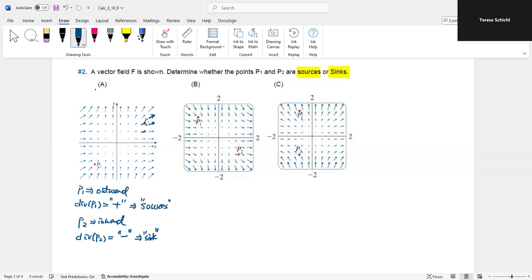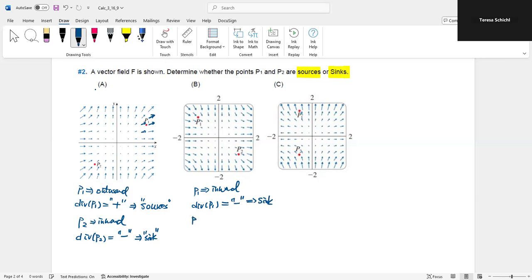Same for graph B. At P1, the flow is inward, so the divergence at P1 will be negative. If it's negative, it's a sink.